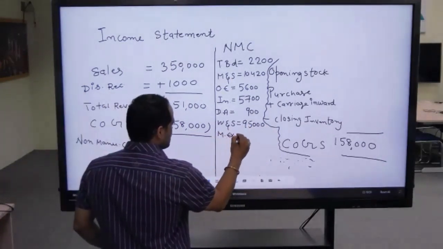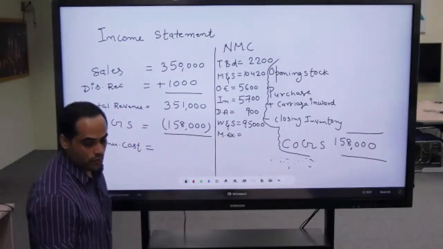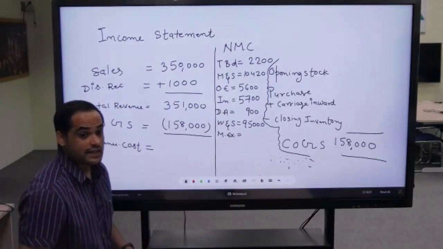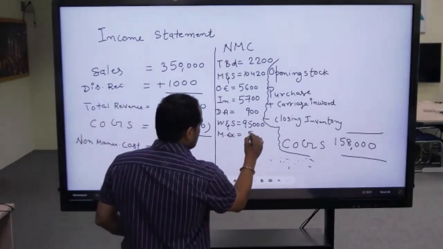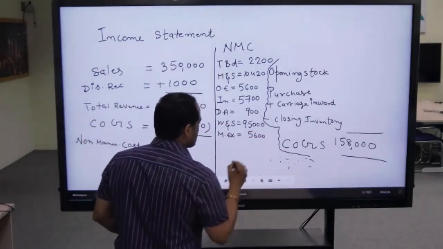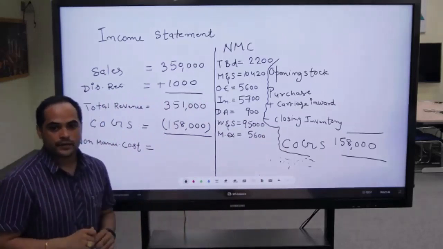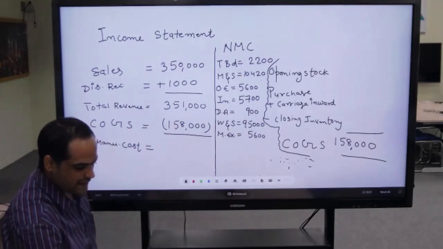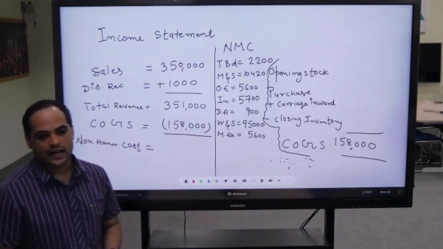Next is motor expense. How much is your motor expense? 5,600. That's right. After motor expense, you have an expense for lights and heat.